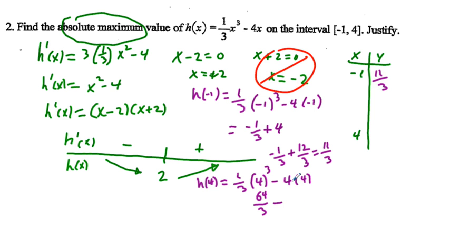How many thirds are there in 16? I think it's 48 thirds. And 64 minus 48 is 16 thirds. So we have 16 thirds, and this is going to be our absolute maximum.